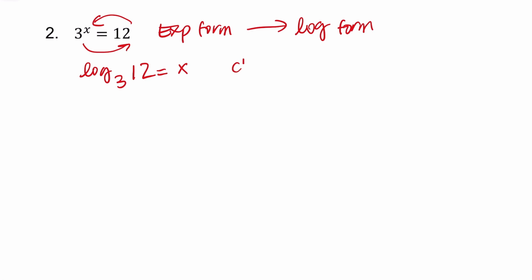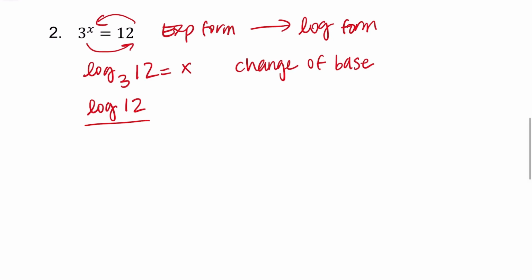Now we would have to use the change of base formula. If you need a refresher on the change of base formula, check out our previous video. So remember how our argument would go in the numerator and our base would go in the denominator.